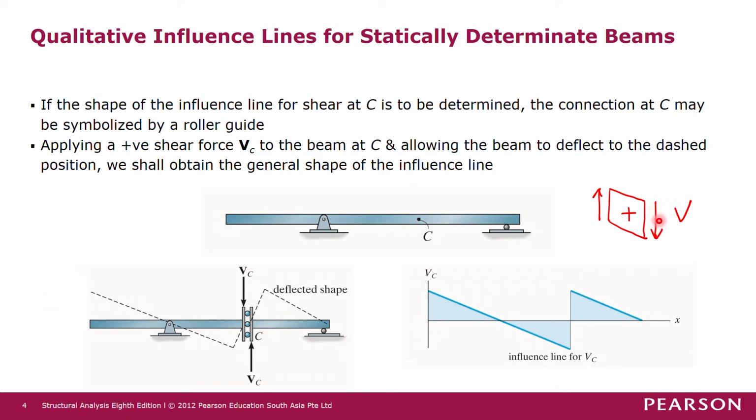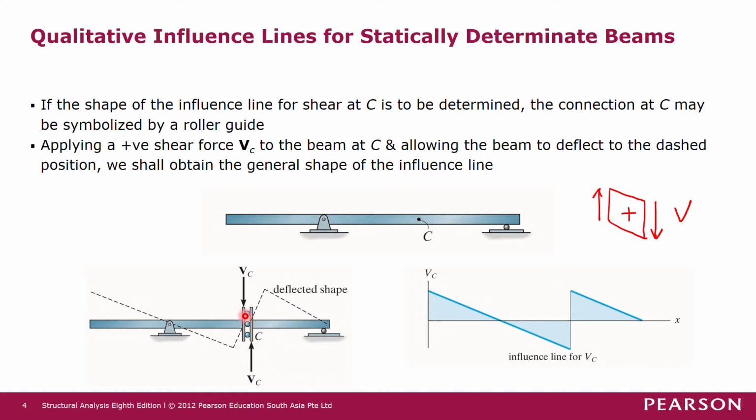Alright, so when you cut across this section and isolate this part as a free body diagram, this shear force here is on the left hand side of the element. So on the left hand side of the element, the positive shear force is upward.